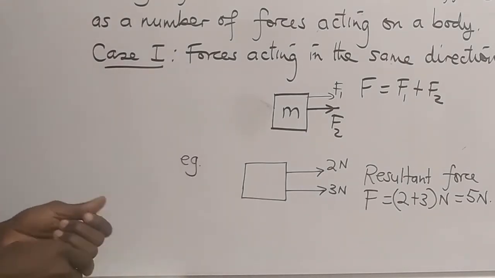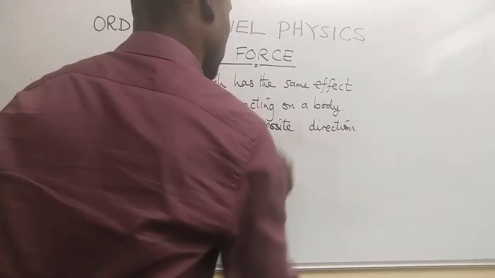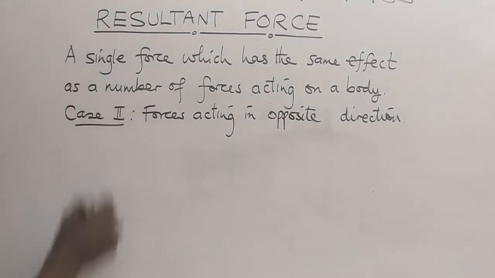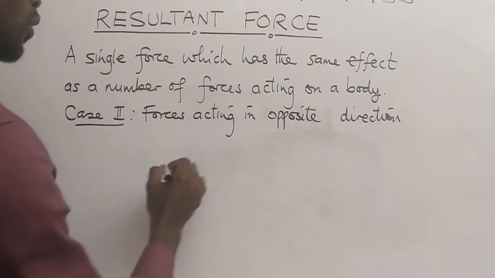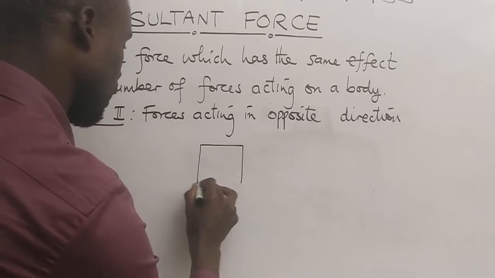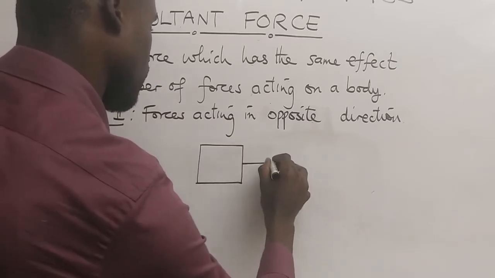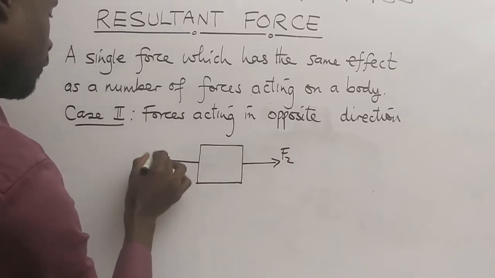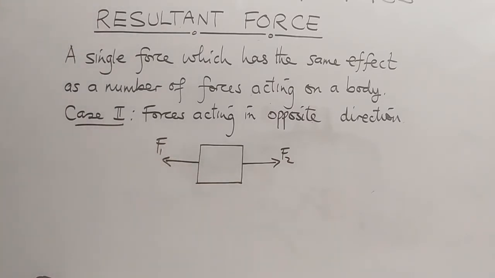Now, let's look at case number 2. If the forces are acting in opposite directions, what do we do? So we have a force F2 here, and then F1 like that.